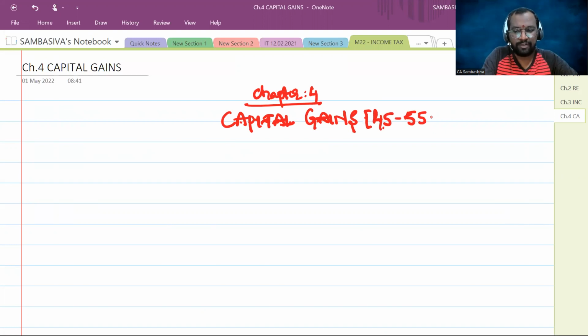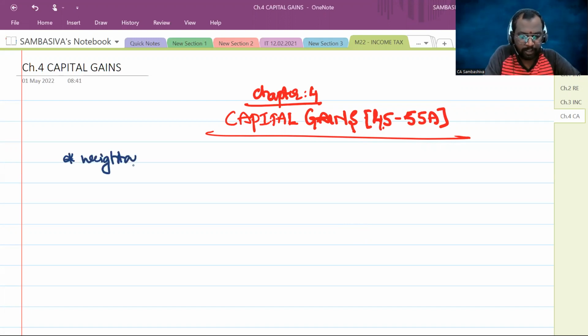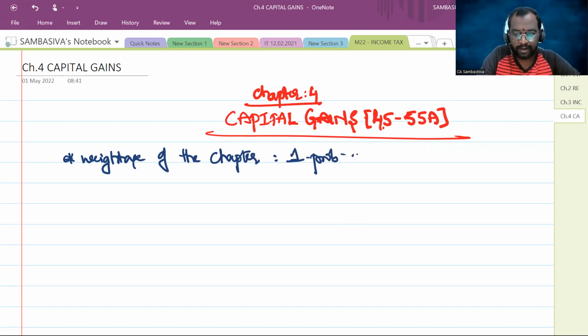Sections covered, section 45 to 55. Okay, ma. So the weightage of the chapter we can write here. Weightage of the chapter. One problem compulsorily we can expect for 8 marks. Right, sir? And next one, sir.